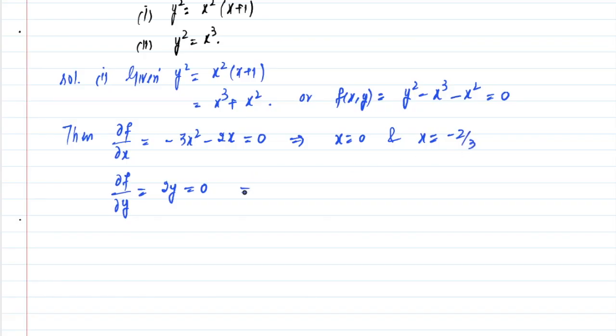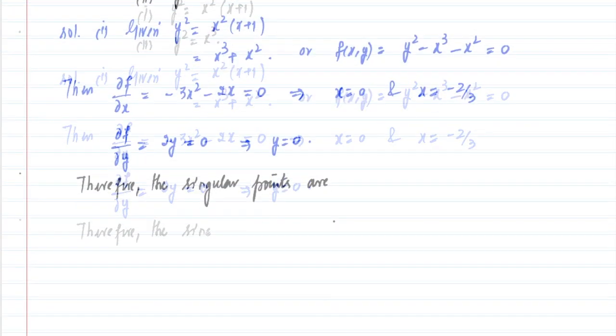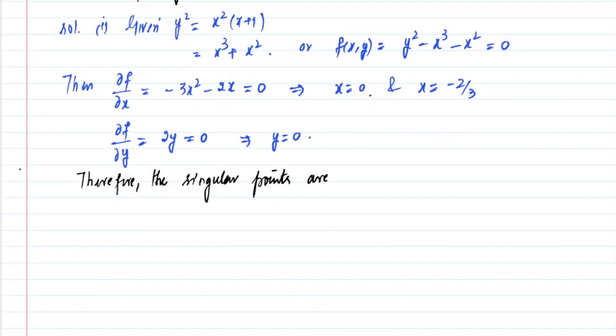And from the other equation we obtain y is equal to 0. Therefore the singular points are ordered pairs made using the value of x and the value of y. So the first is x equal to 0, y equal to 0, and the second point is x equal to minus 2 by 3, y equal to 0.